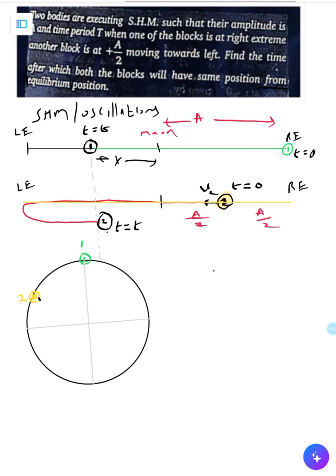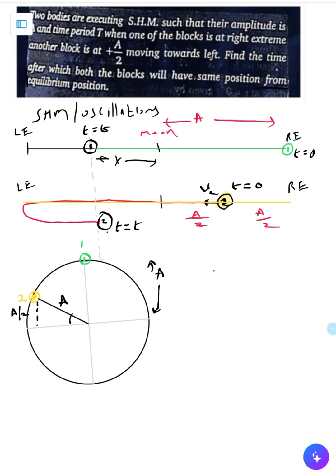Now, at what distance is it? It is at a distance of A by 2. This total amplitude is A. So first we'll calculate this angle, the phase angle needed for us.